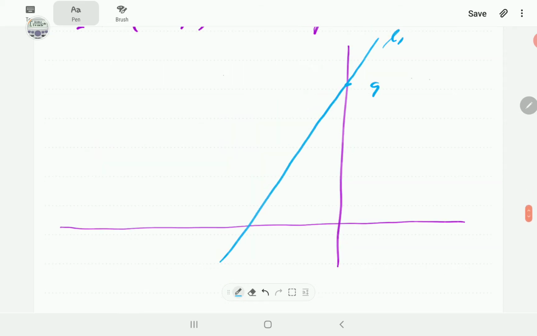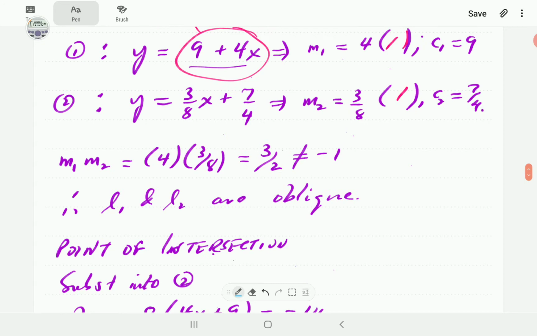And then for the other line, C is 7 over 4, which is less than 9, and M is 3 over 8. So this gradient is smaller than that one, so this line is going to be a bit like that.